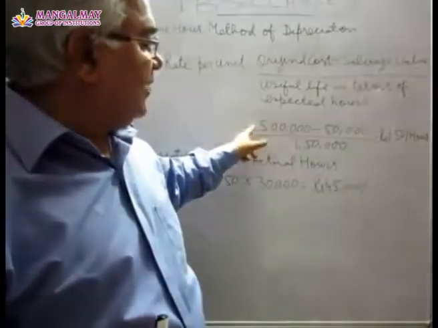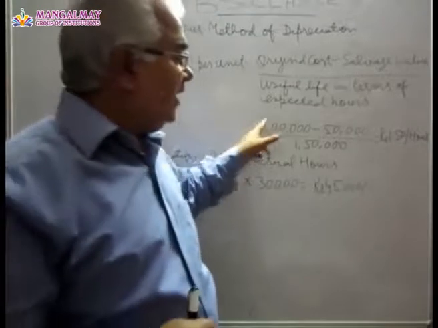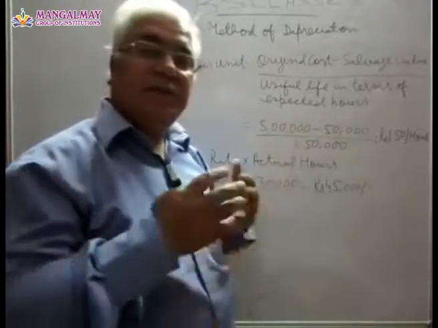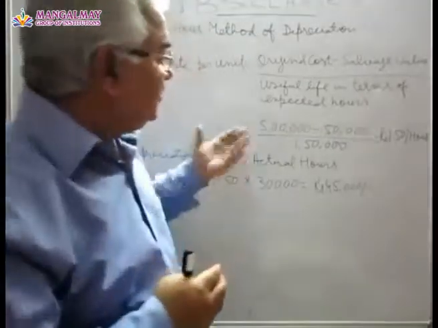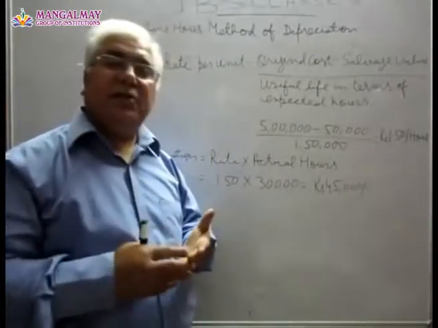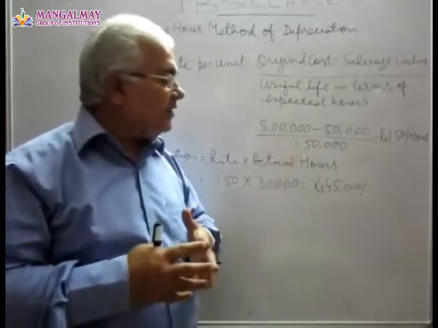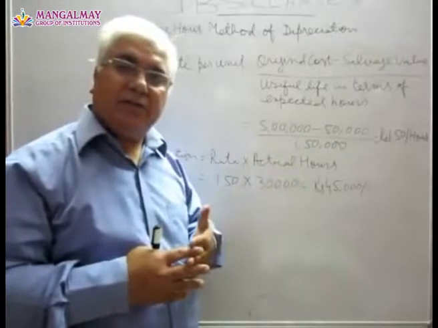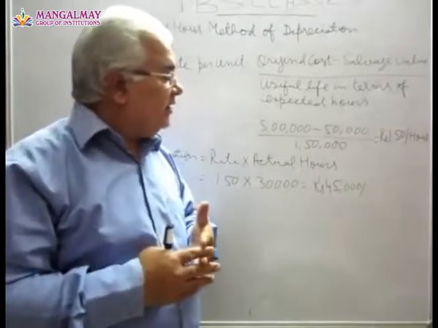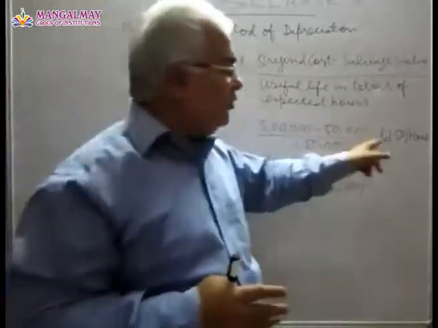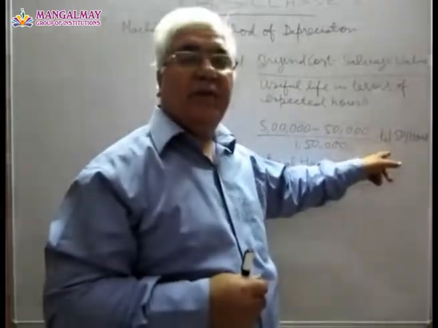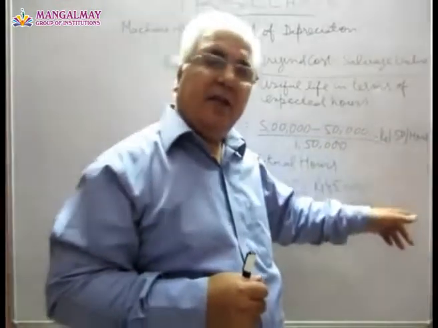Like if we paid 5 lakhs for this and 50,000 is its salvage value, and this machine is expected to produce 1,50,000 effective hours, okay, then the rate works out to rupees 1.50 per hour.